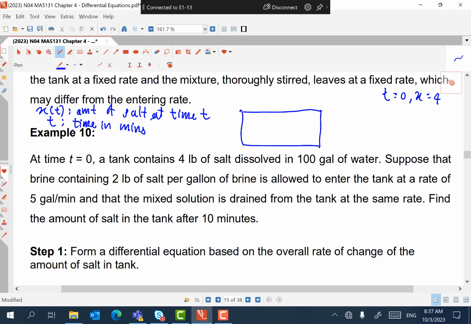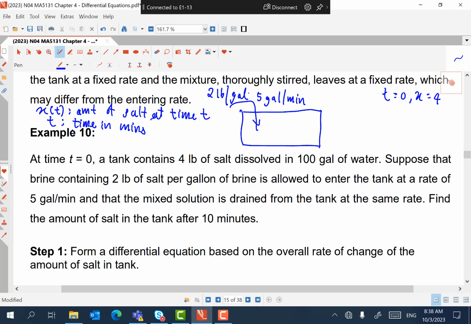Now it says you are adding water at the rate of 5 gallons per minute, so there's actually an input. At the same time, each gallon contains 2 pounds of salt.